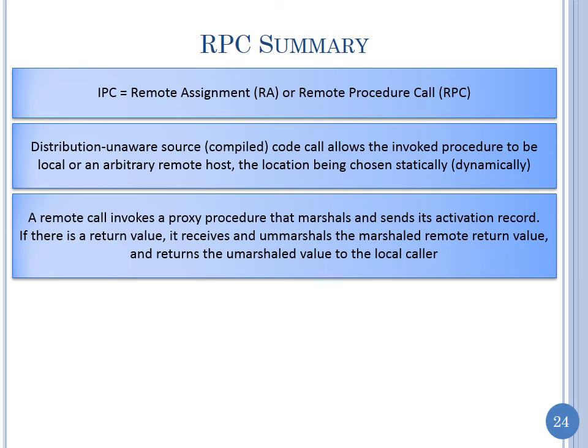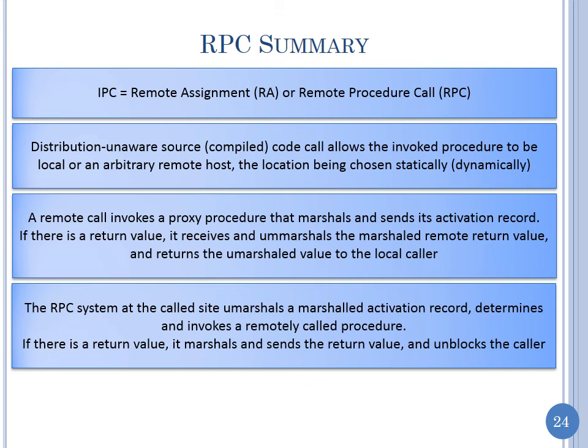And the big lesson from all the details I showed you is that there is a proxy method or proxy procedure called at the local end that forwards the parameters to the remote end and gets back the result. Okay, and so there's marshalling and unmarshalling.